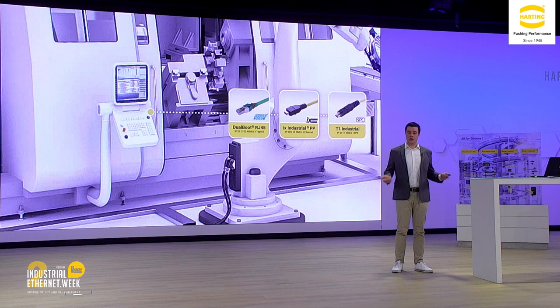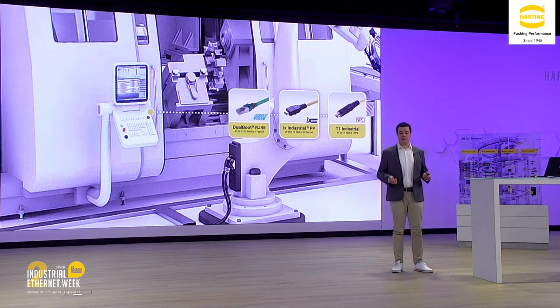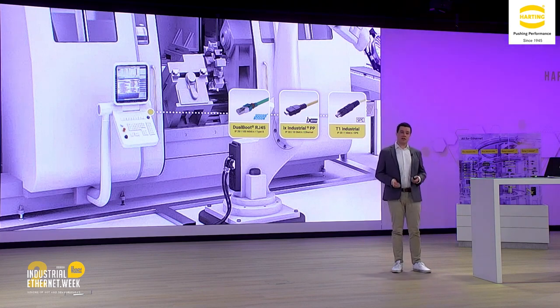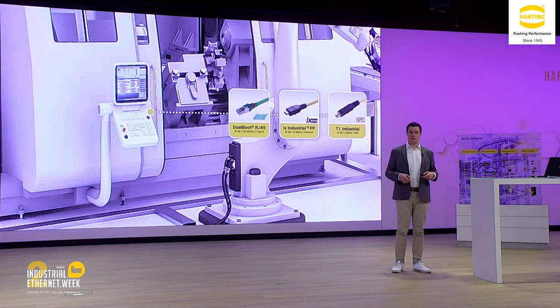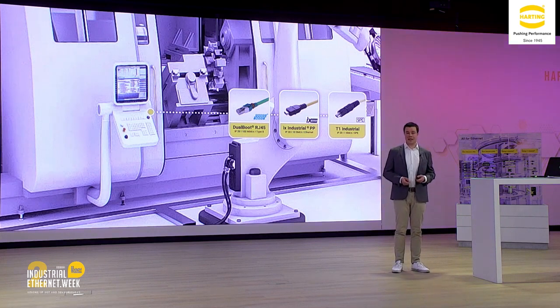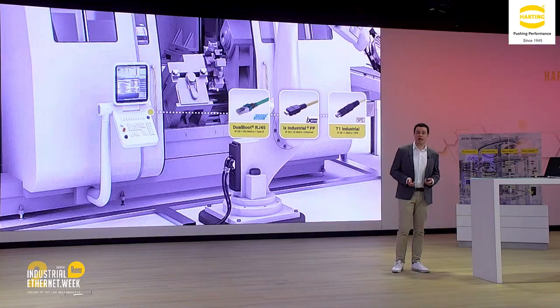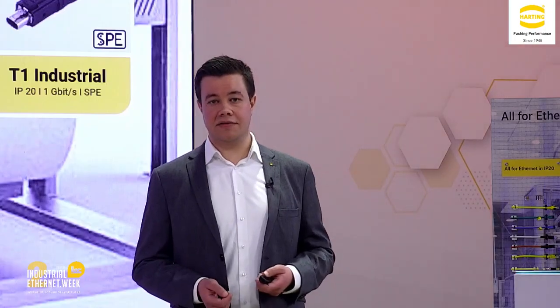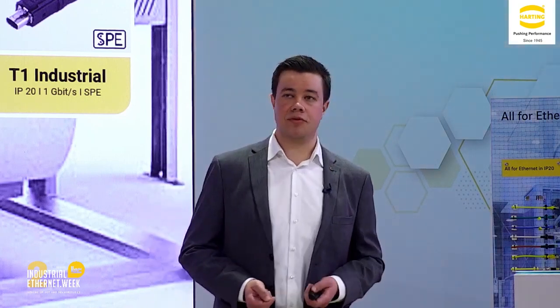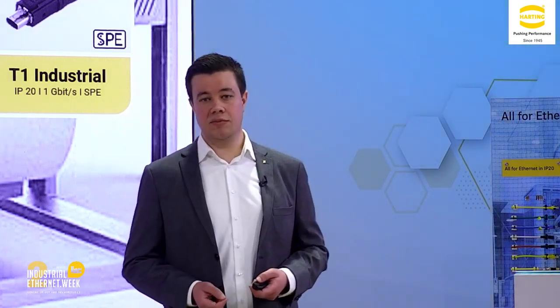So here you can use the standard well-known RJ45 for connection to your HMI, but it's also possible to switch to newer interfaces for your data transmission, like the HARTING iX Industrial. It's a similar interface to the RJ45, but much smaller, especially on the PCB side. So space savings of up to 70% on the PCB are possible.